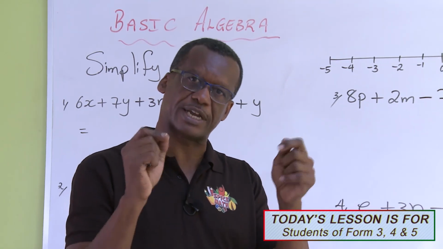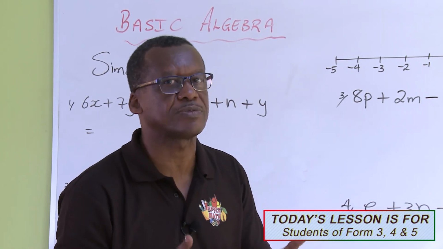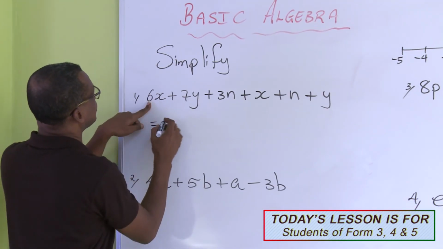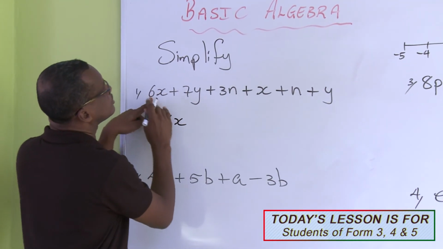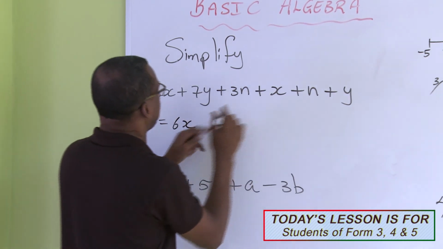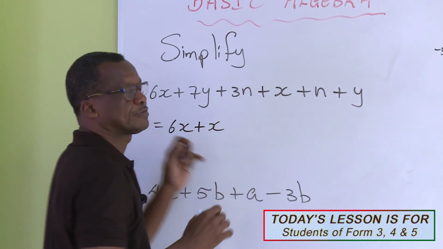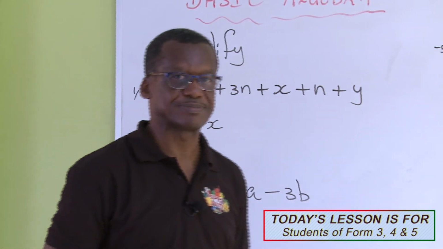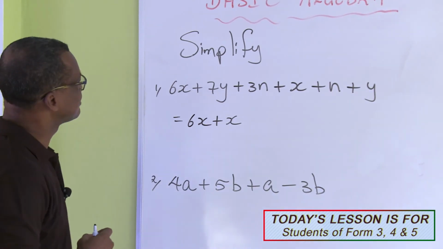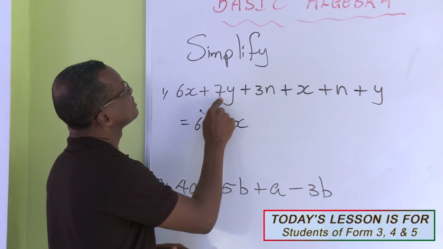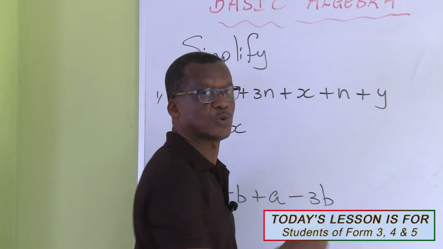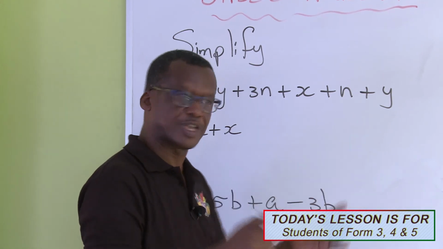The positive ones and the negative ones have to be considered. We cannot just drop the sign. So 6x, which is positive, is grouped together with plus x, which is also positive. Do you see any more like terms? Yes, there are y's. There is plus 7y here and plus y over here. You can bring them together.